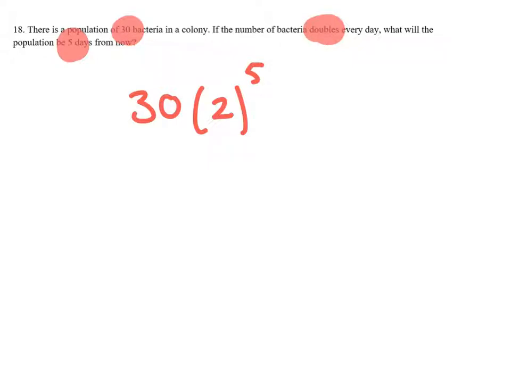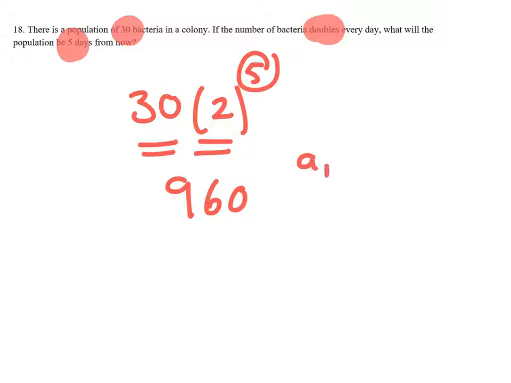And so it just becomes your initial amount, your rate, to the power of that taking place. And that is just basically 32 times 30, which is 960. Very simple, actually. You just plug it in and make it happen. This is your initial value, your r to the n. That's all it is, just like this.